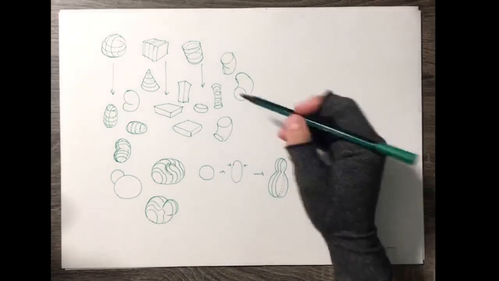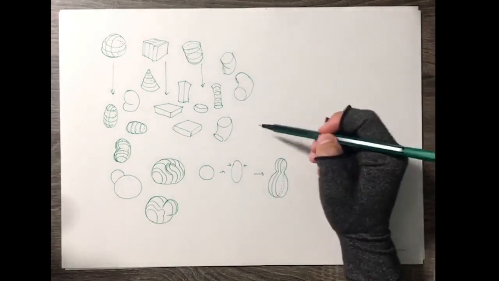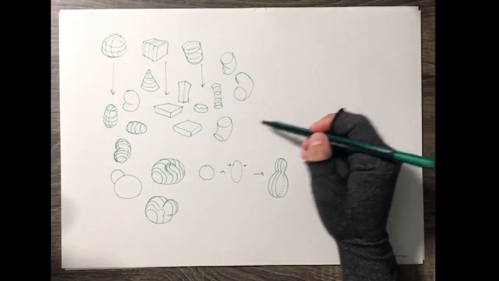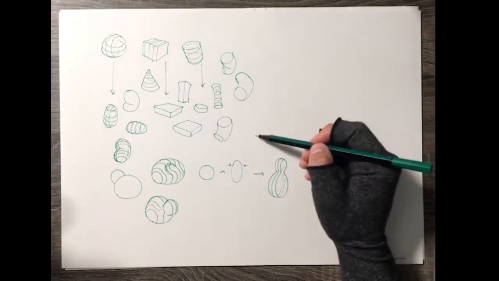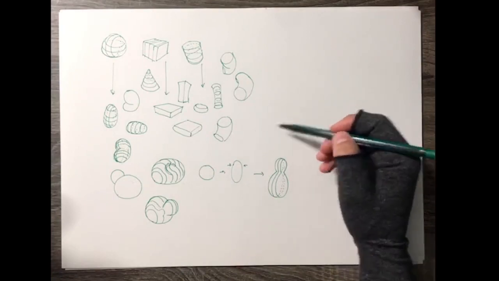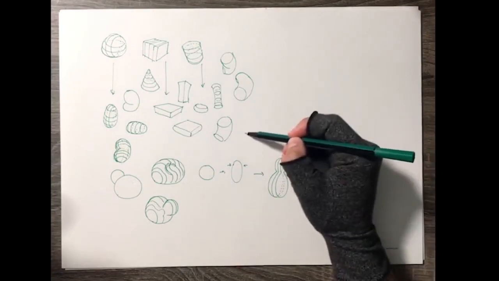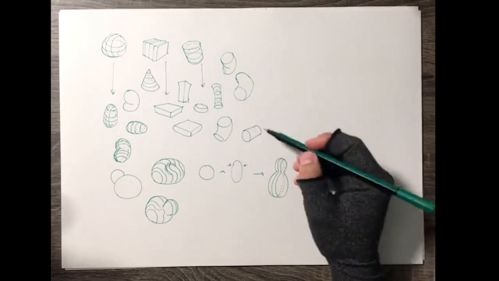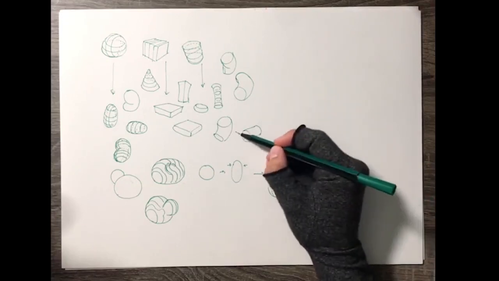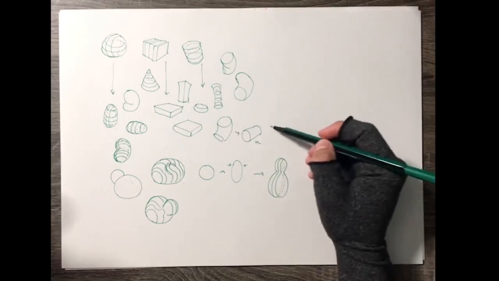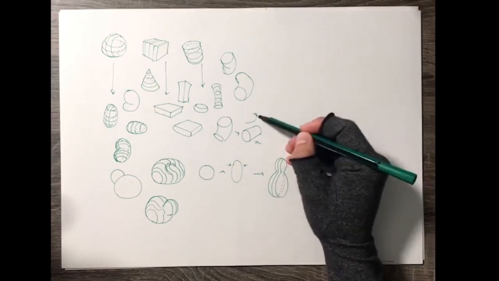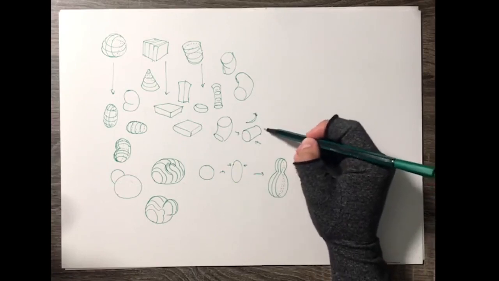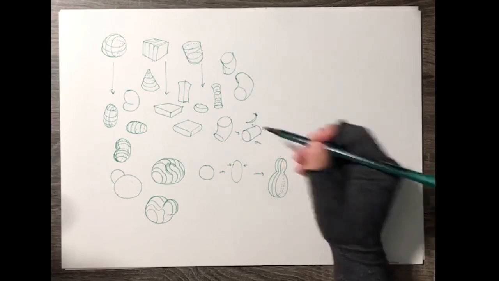Okay. Same with your cylinders, for instance. You can just consider that we have a tapering cylinder, and I'll do this step by step again. So a cylinder like this, and we're going to first squish it. We're going to rotate it, and we're going to make it smaller on the end.